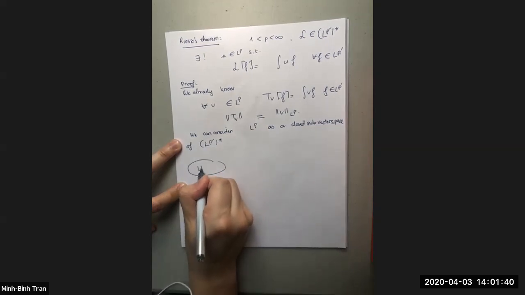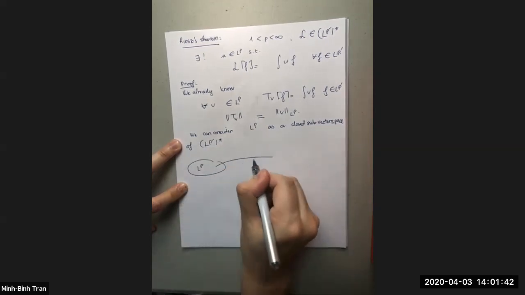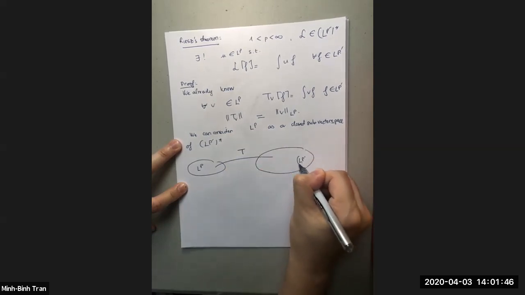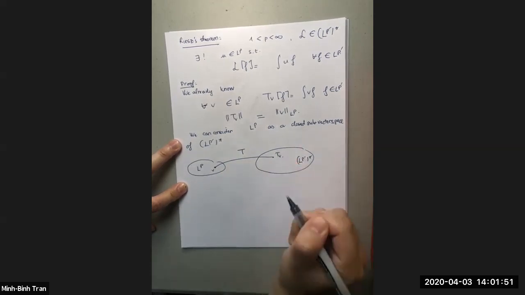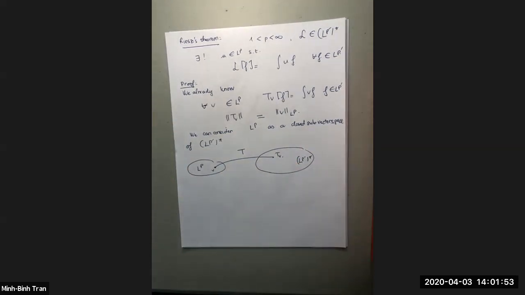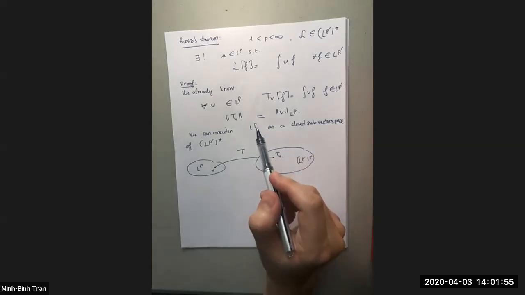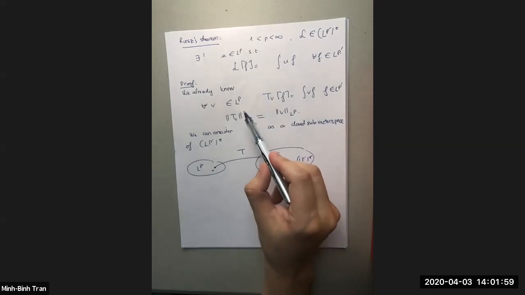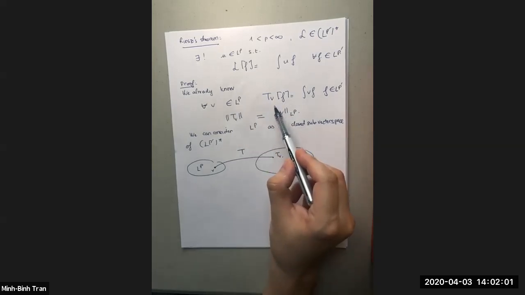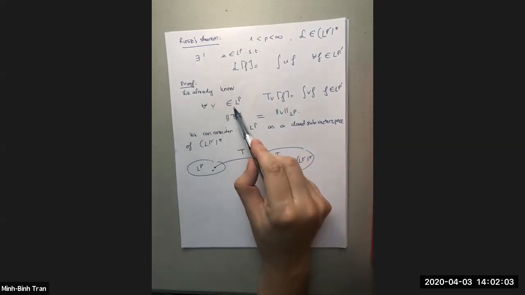So this is L^p, this is the map T, and this is (L^p')*. This is v, and this is T_v. We know from the previous proof that L^p is reflexive, so you can define this operator for any v from L^p.